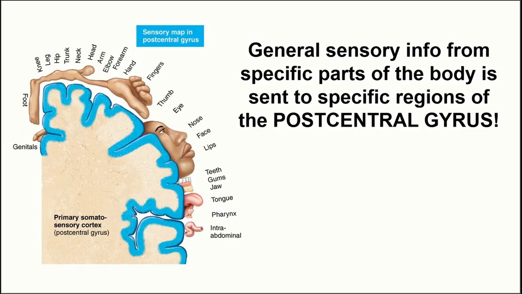So what we can get from this diagram, just like with the primary motor cortex, is that the inferior parts of the face and the head, along with the fingers and the hand, are more sensitive to stimuli than other parts of the body, like the leg or the knee, or even the neck.